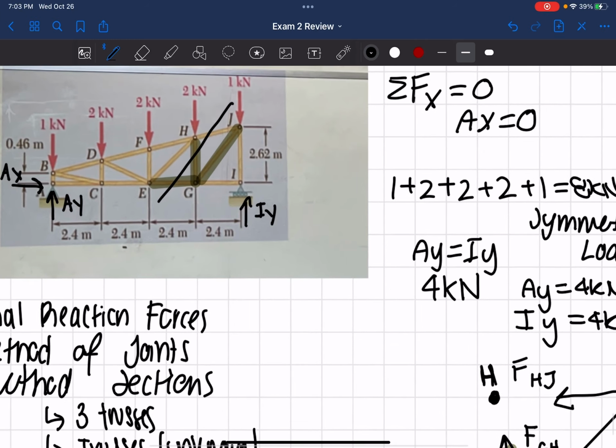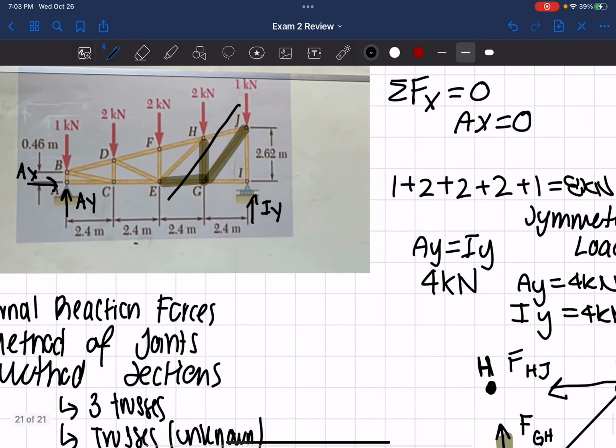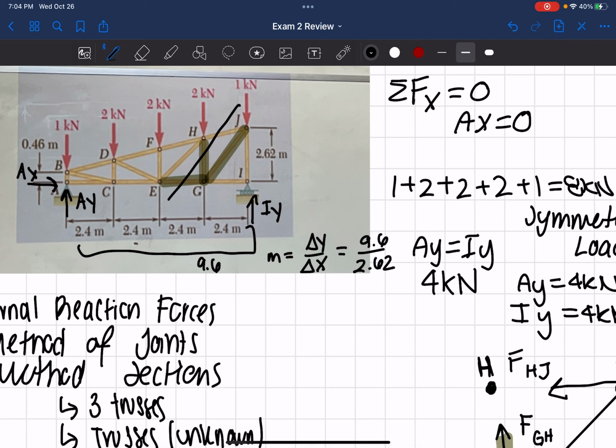So we're going to add all of these up: 2.4 times 4, we get 9.6. We're just going to do a slope, m, which is rise over run, delta y over delta x. You get 9.6 over 2.62. Actually, what did we start at? We started at 2.6 minus 0.6.